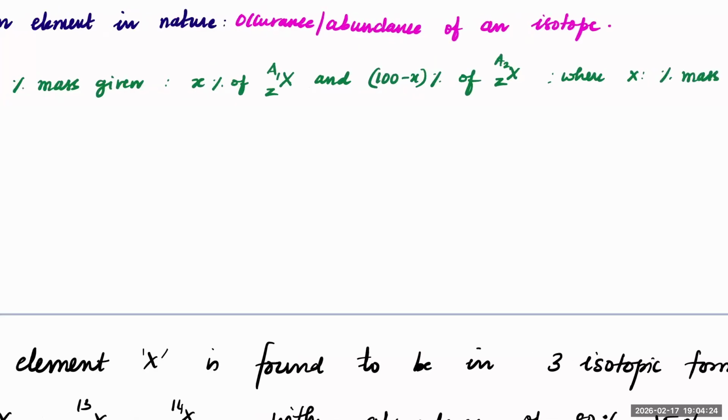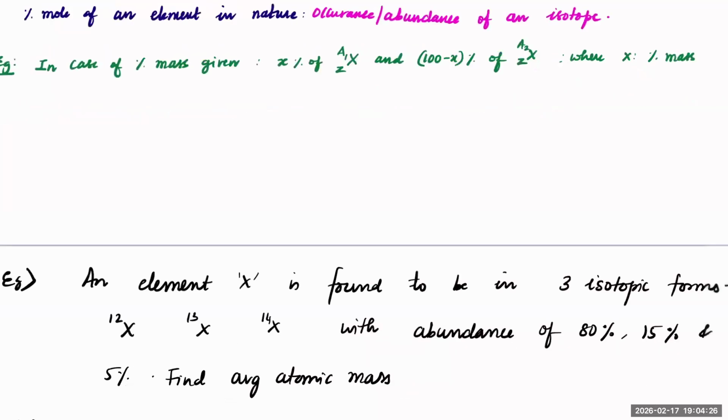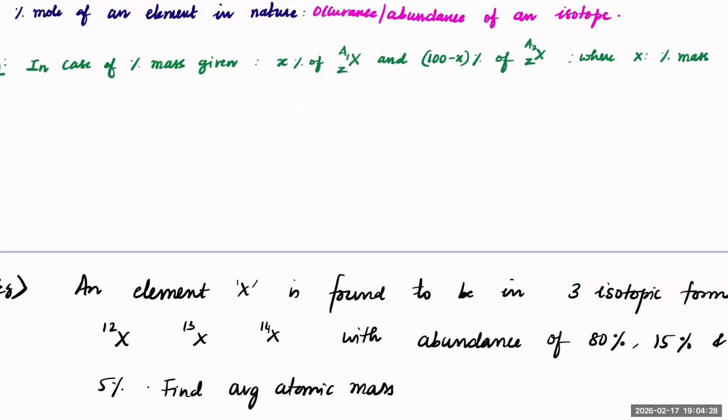In that case, what do we do, beta? Because mass is given, you will divide it by the atomic molar mass, correct? Then you'll get the number of moles.